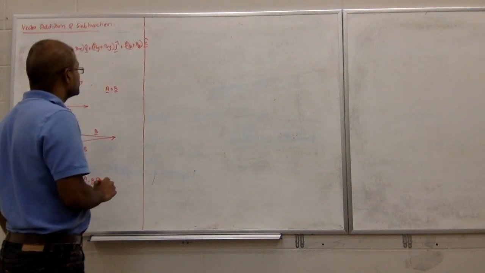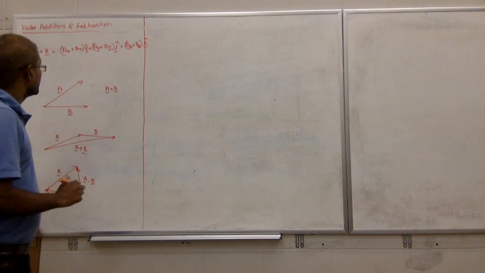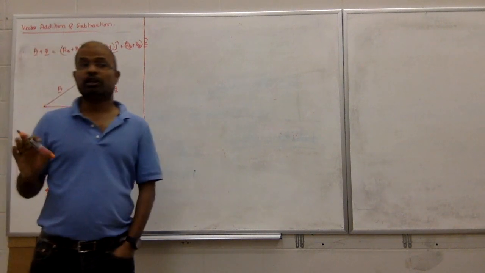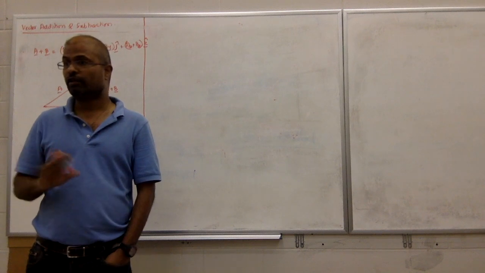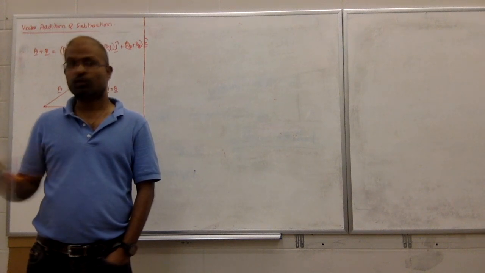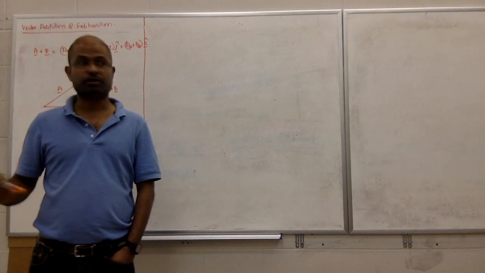Now, vector multiplication, this is very important. Vector multiplication is not defined. There is no vector multiplication, there is no vector division.